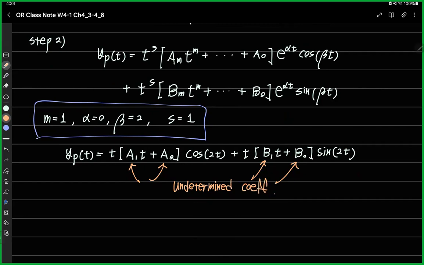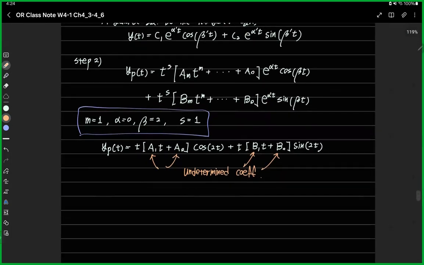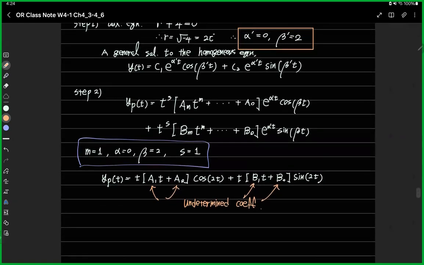How can you figure them out? Substitution. Just substitute yp into the differential equation. Then we get the equations for a1, a0, b1, and b0. That's the way to find the solution.